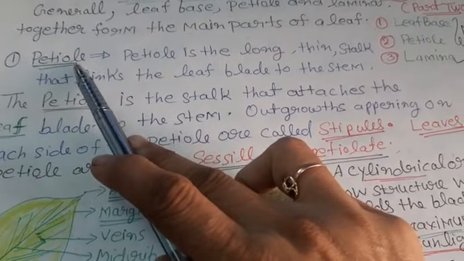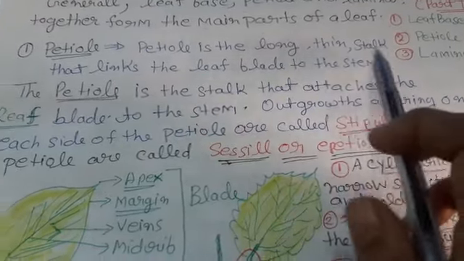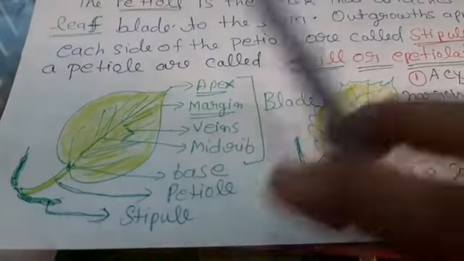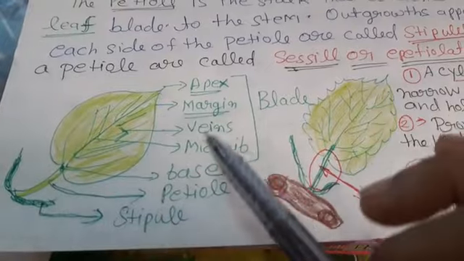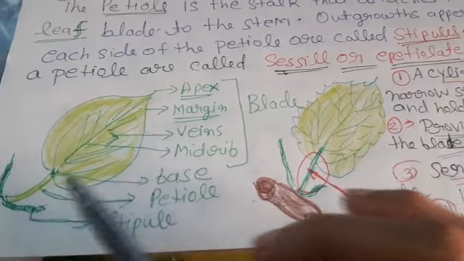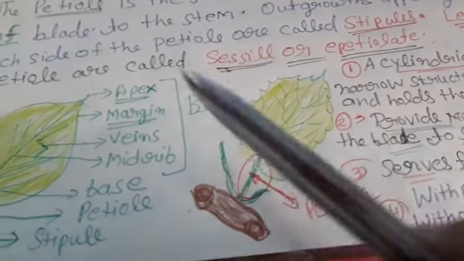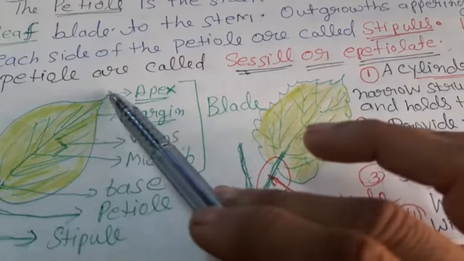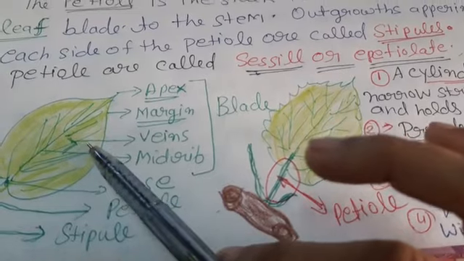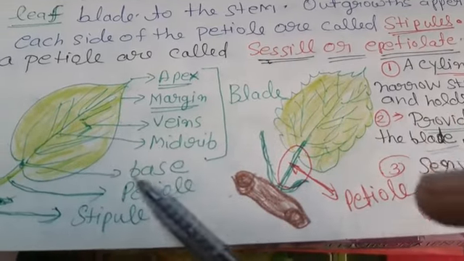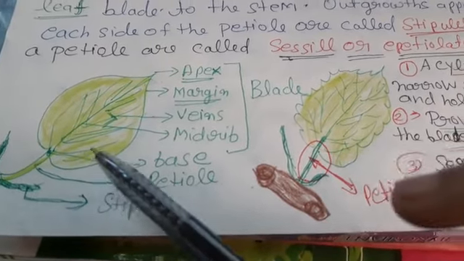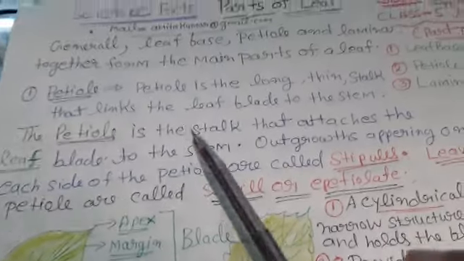Petiole is the long thin stalk that links the leaf blade to the stem. You can easily draw this diagram in your notebook. This is the petiole. Here are the apex, the tip of the leaf, the margin, the veins, the central vein called the midrib, the base, the petiole and the stipules. The base was already discussed in the previous session.